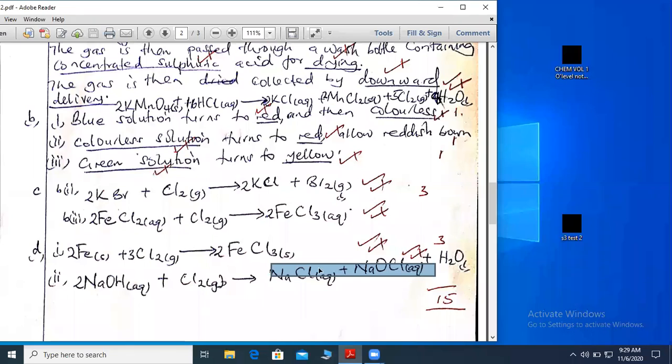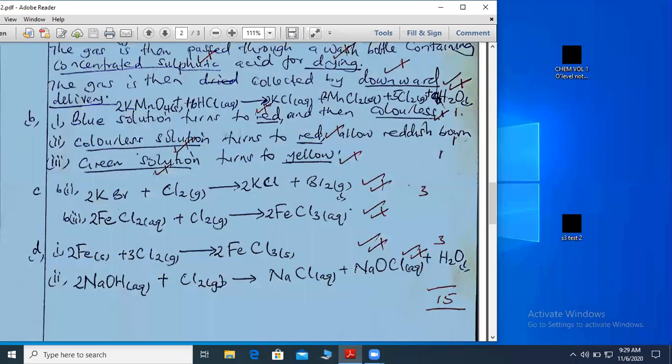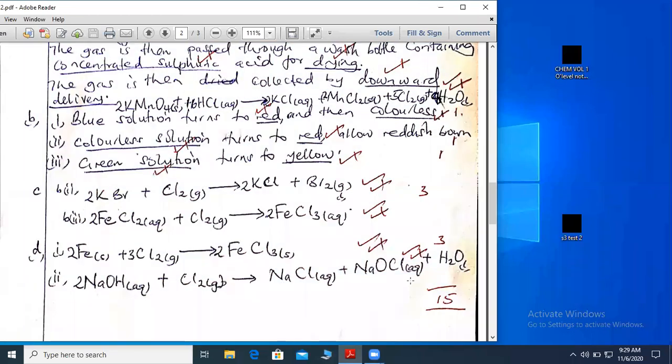So for sodium hydroxide with chlorine, a pale yellow solution is formed, which is sodium hypochlorite. And for chlorine with iron, we form iron 3 chloride, which is a black solid, and we balance.